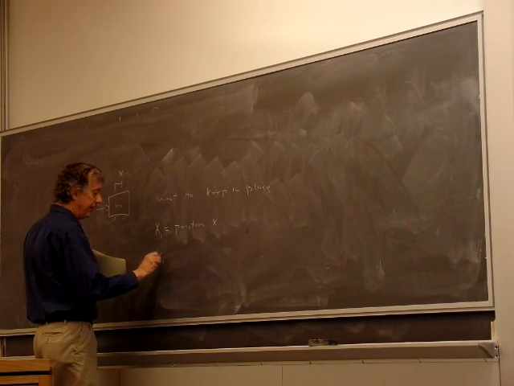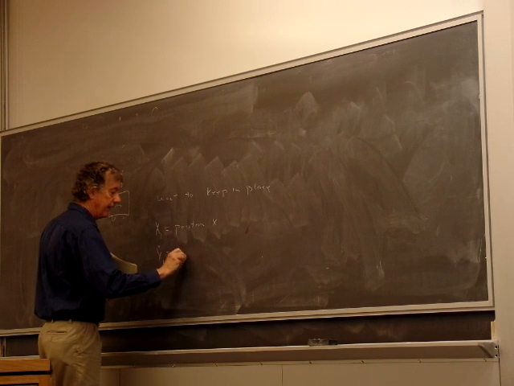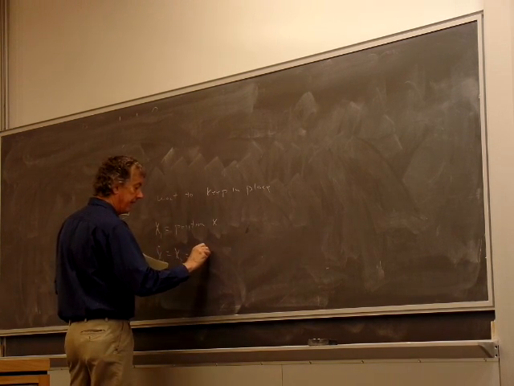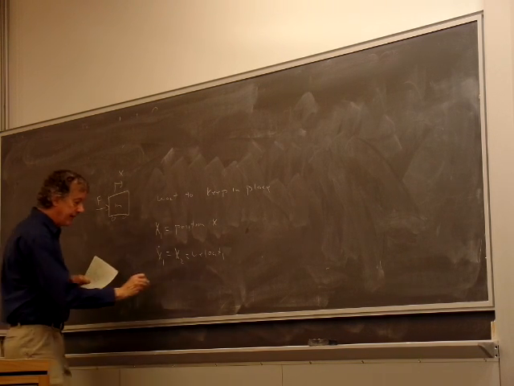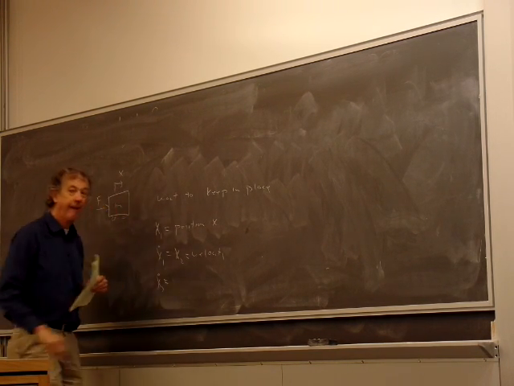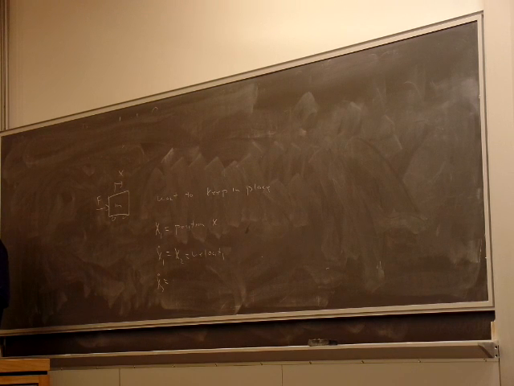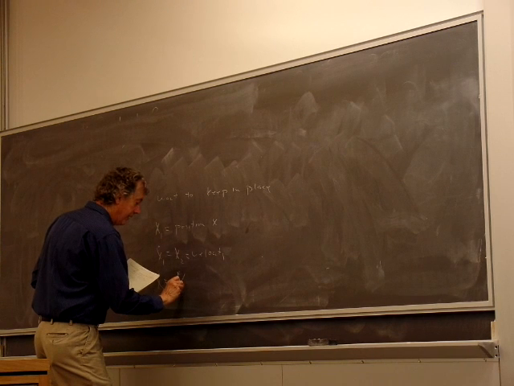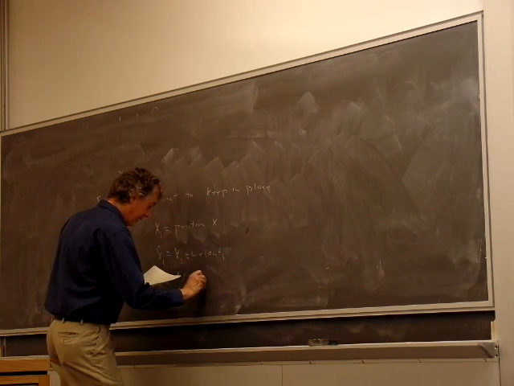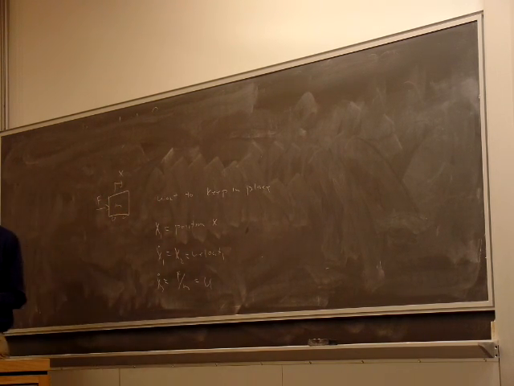Velocity. And the state equation is simply what? X1 dot equals X2. X2 dot is acceleration. So if I have a force and a mass, F over M. It's simply solving Newton's laws.